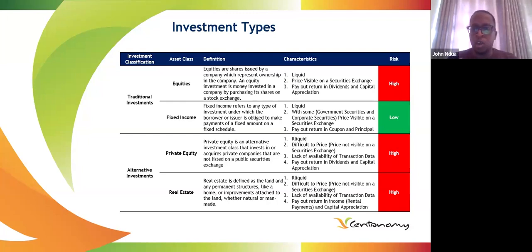And the next natural question will be, what is a public company? A public company is a company that is listed on that public platform, which you call the securities exchange. So any company you find in that exchange is by definition a public company.